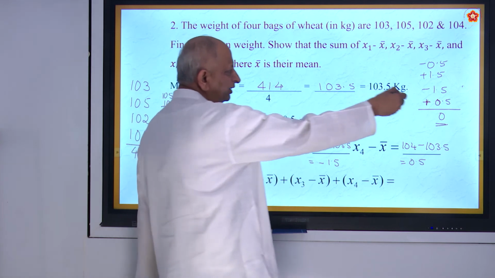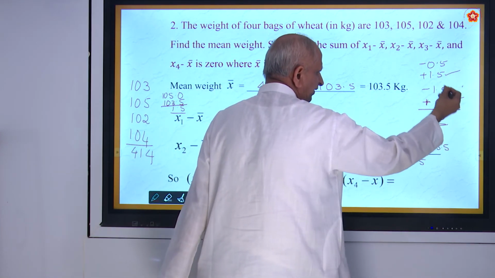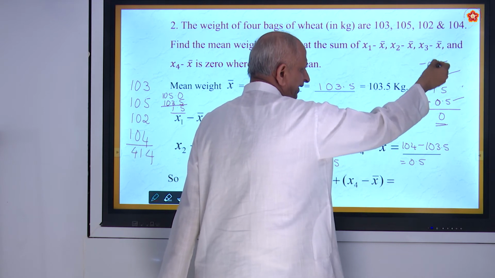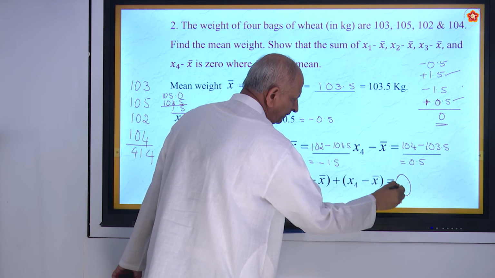So add all this. If you add plus 1.5 plus 0.5 becomes 2, and this is minus 2. So 2 minus 2 is 0. So answer is big 0.